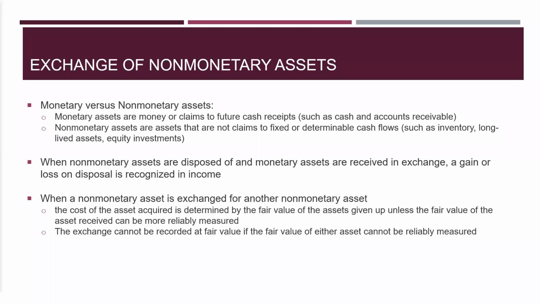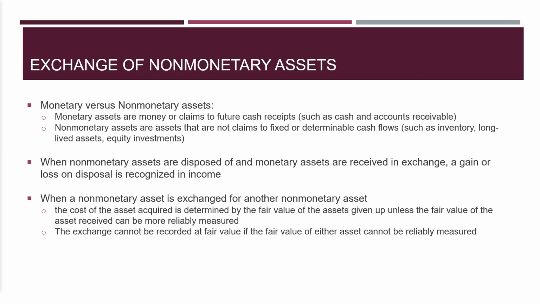Non-monetary assets are the ones that do not have a fixed claim or a determinable claim on the cash flow. Think of your inventory. The inventory will eventually convert to cash, but we just don't know for how much. It's not very solid. Your long-lived asset, the same idea applies, and your equity investments. So these are your non-monetary assets.